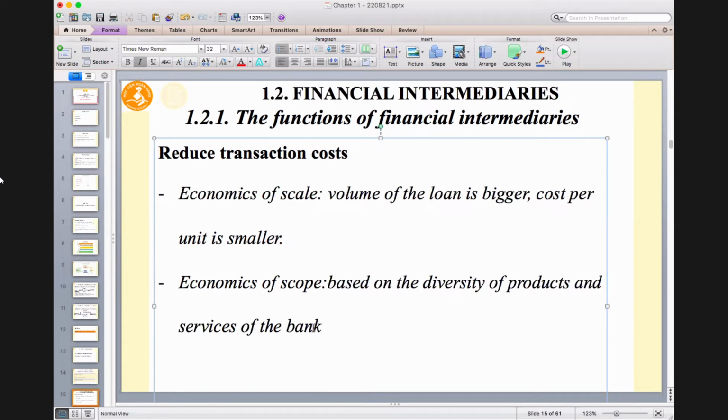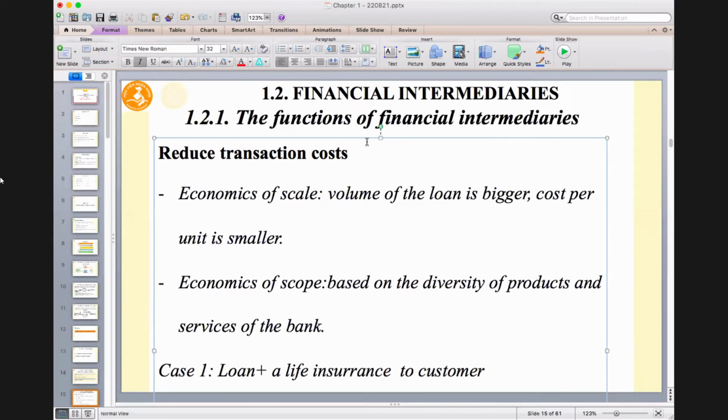For example, the bank can provide a loan and a life insurance to a customer. So case one: a bank will provide a loan and a life insurance to the customer.